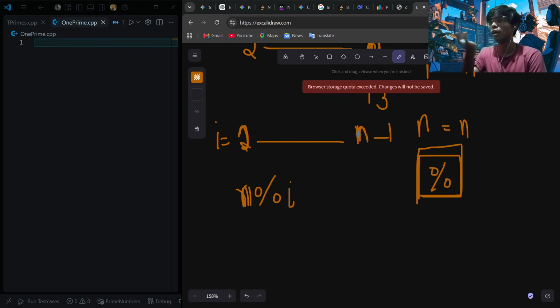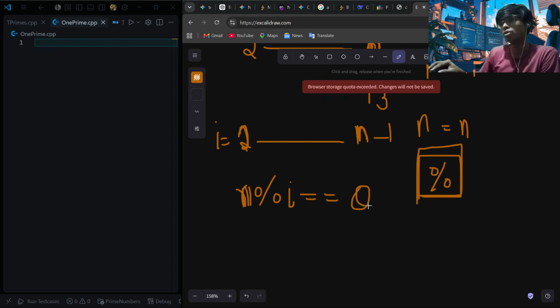reading documentation. Okay. So if I divide n by i and get the remainder equal to 0, it means that this n is not a prime number, because what I know is that if n is a prime number, then it is only divisible by 1 and itself.